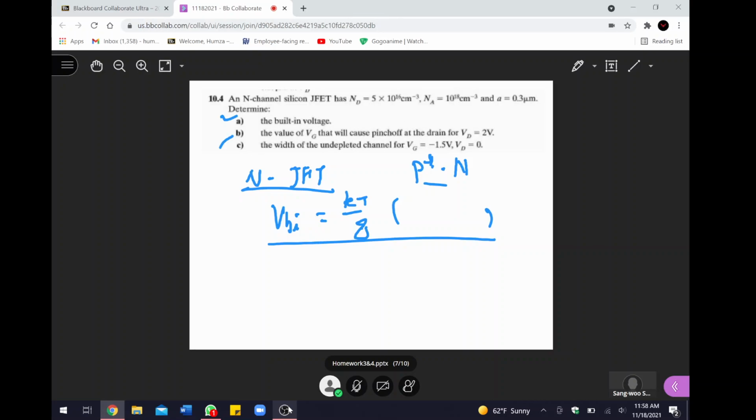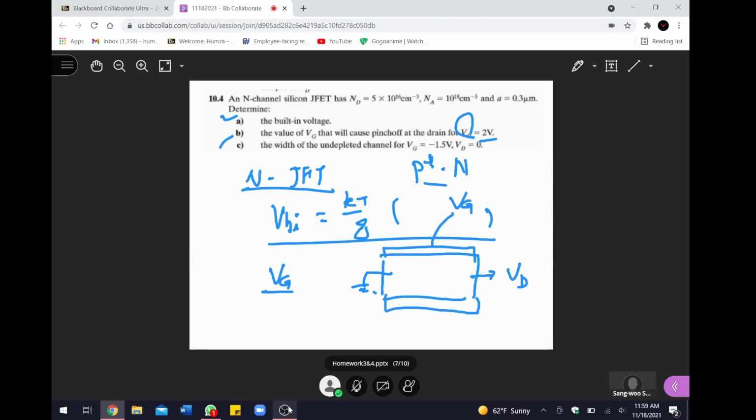The second one asks for the value of VG at pinch off when VD is 2 volts. In this situation, the source is grounded, and in the gate you have VG. This is P plus and this is N. In the drain, you already have 2 volts, a positive bias applied.